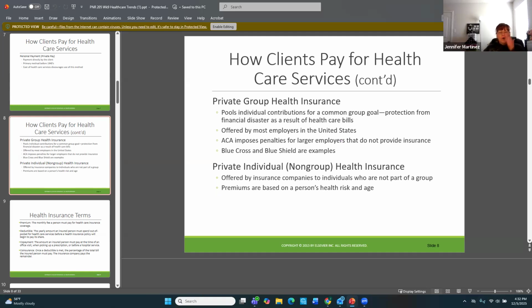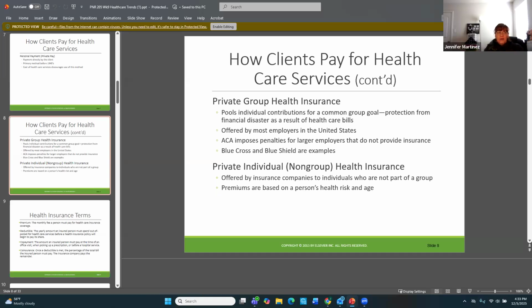So let's say, for example, we'll just use Blue Cross Blue Shield, or I like United Healthcare. So we'll stick with United Healthcare. Your employer offers United Healthcare and you get to choose a plan. That would be your group health insurance. Well, let's say you got laid off or you get furloughed or you quit.